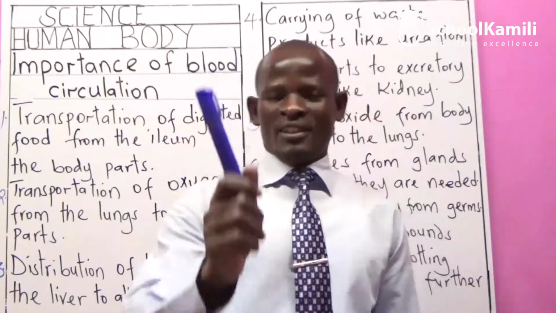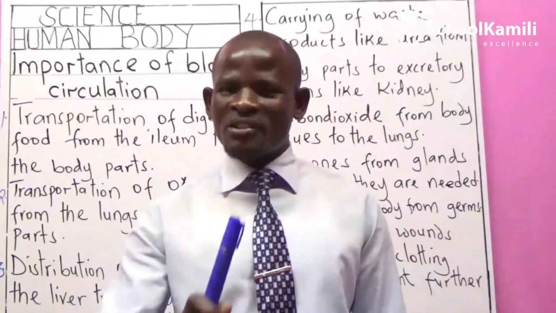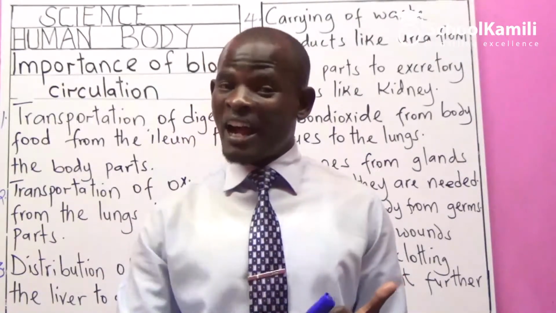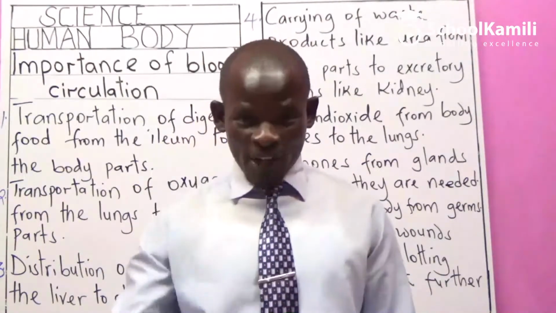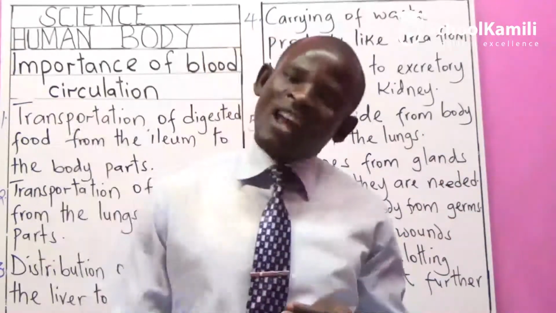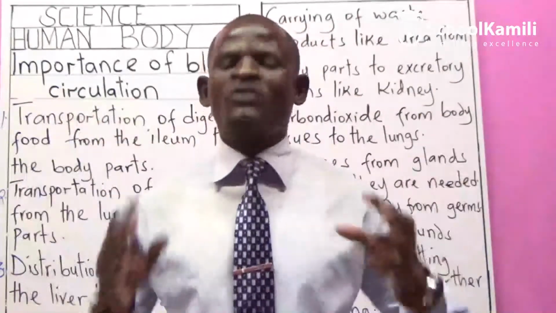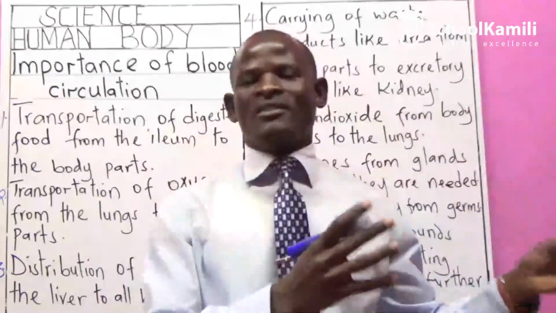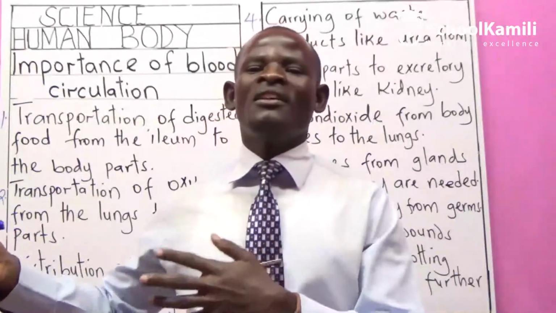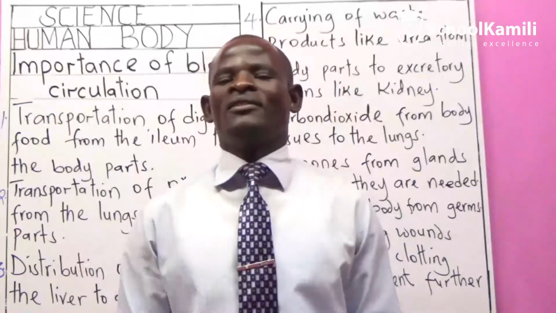Because if it is not so, then the urine should be colorless, just like water. Water is tasteless, odorless, colorless. Don't say that water is white in color. No, the urine should be colorless. Since it is colorful, it is because it washes some of these waste materials from the excretory organs to the excretory parts. For example, urine, you know the part.